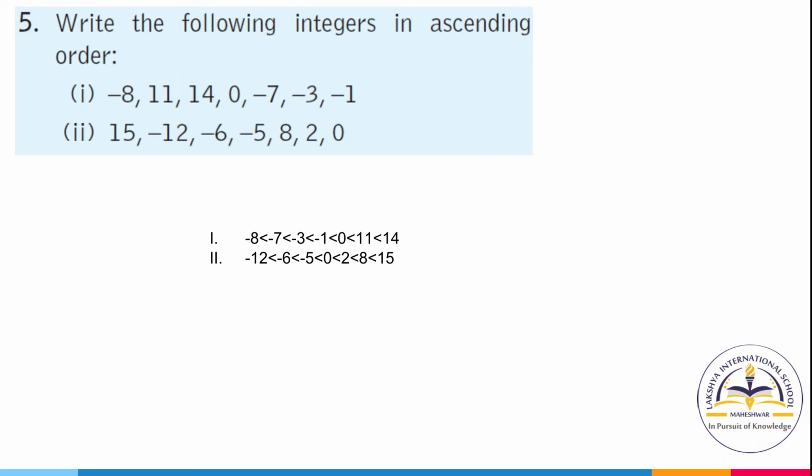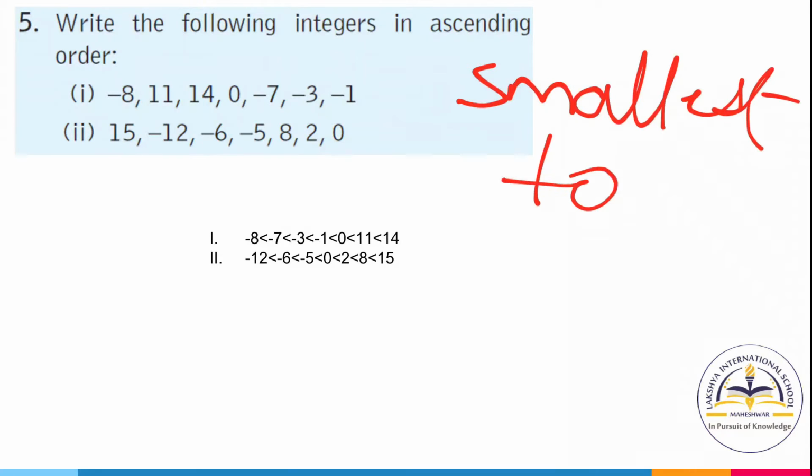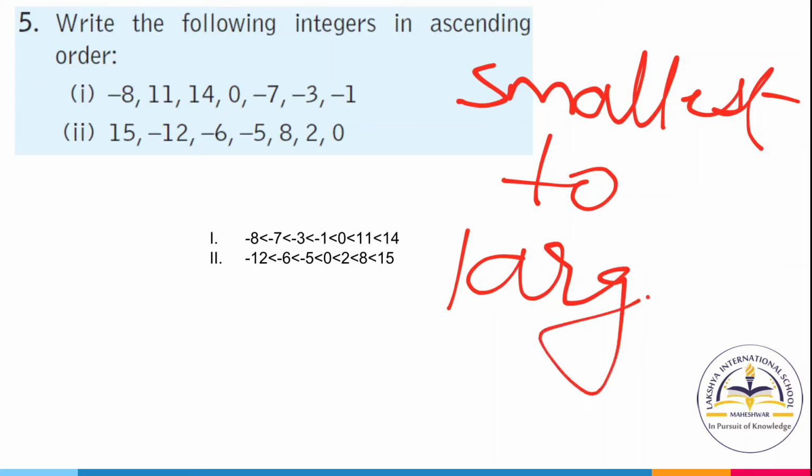Now question number 5, write the following integers in ascending order. Ascending order means from smallest to largest. In this you have to find the smallest number. The smallest number is -8.